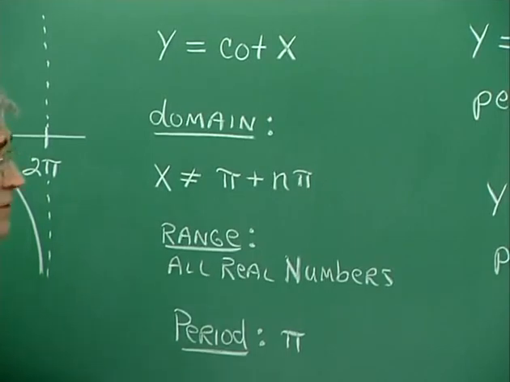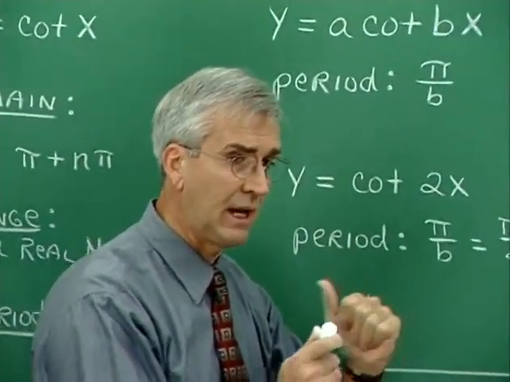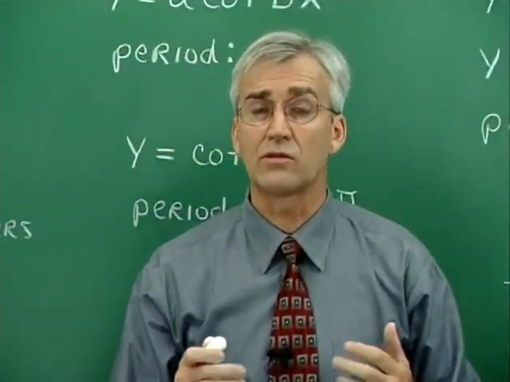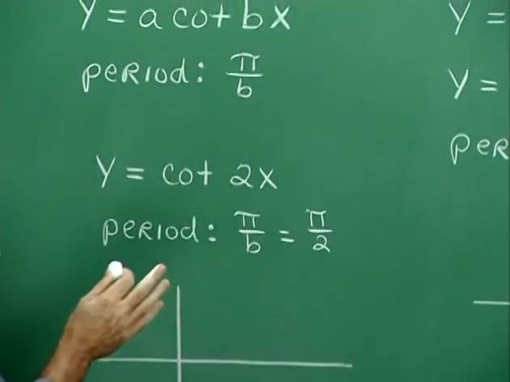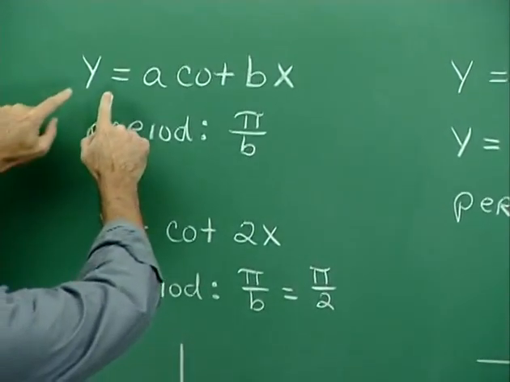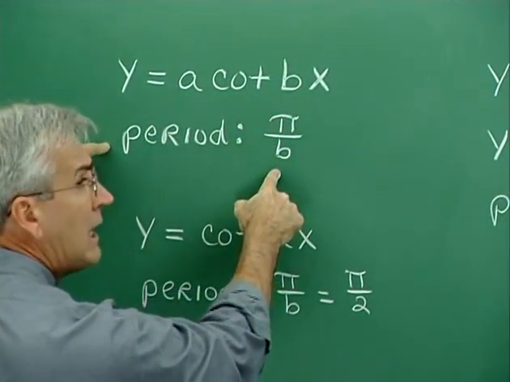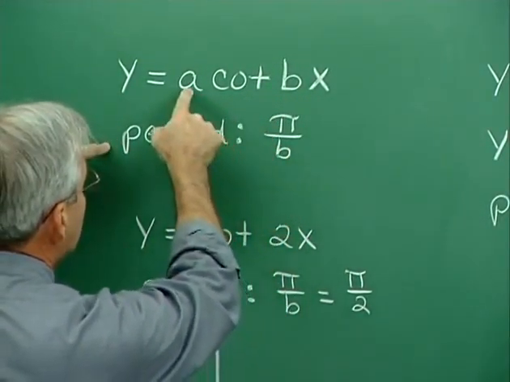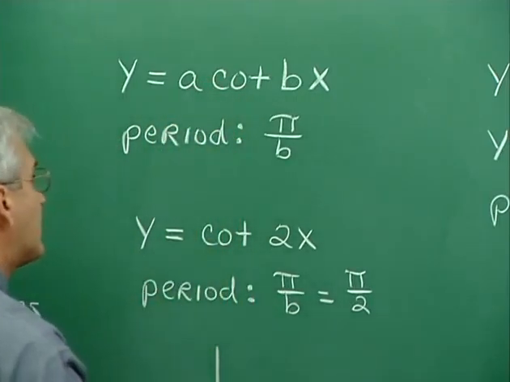Now, to construct graphs, we need information about the stretching and compression and how the period may change from time to time. And it's exactly the same as it was with the tangent function. If we have y equals cotangent bx, then the period is pi over b, as it was before, and all of the aspects of a will affect cotangent just the same way that it did tangent.